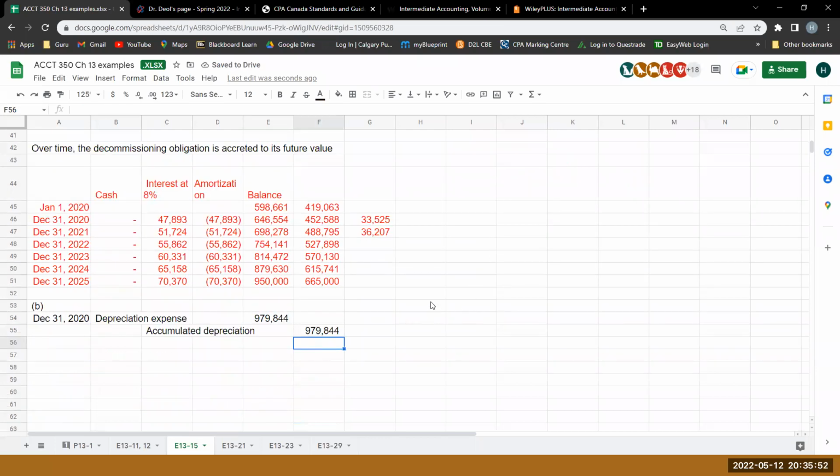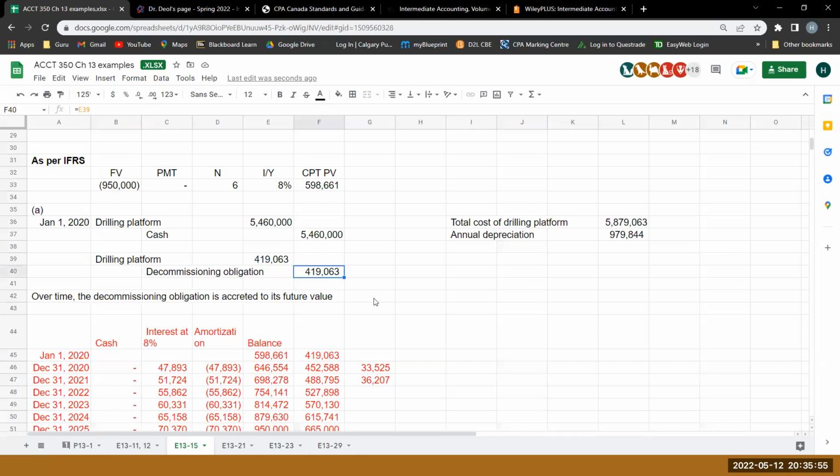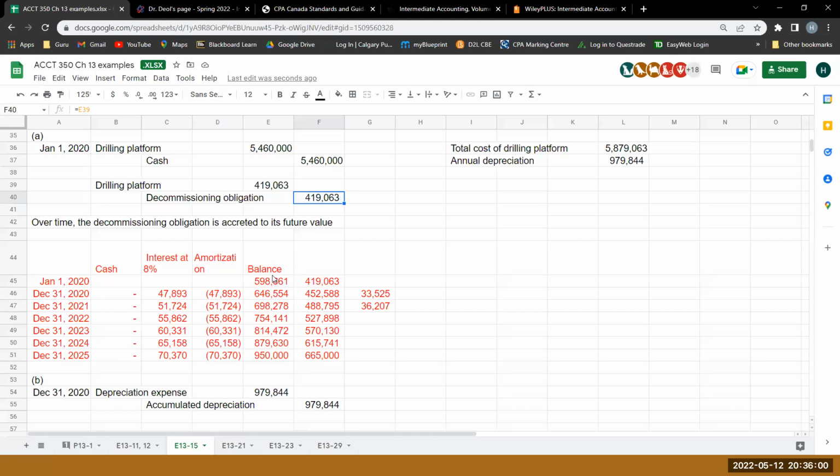Now, secondly, the decommissioning obligation needs to go up. If I had, instead of starting with 598,661, looked at only the decommissioning obligation, so if I had instead started with 419,063, notice that 419,063 will grow over time, and the amortization numbers that you're seeing here were what I had calculated earlier.